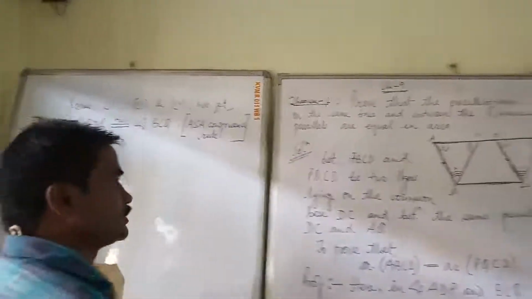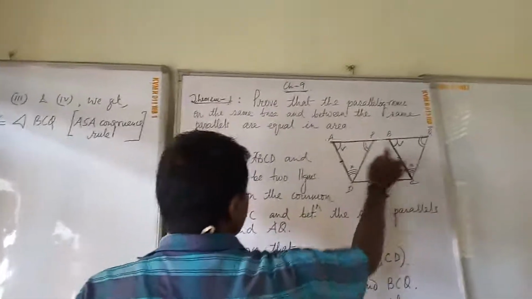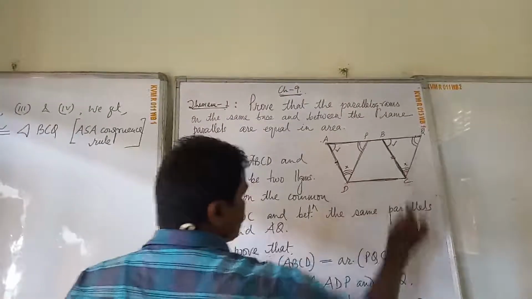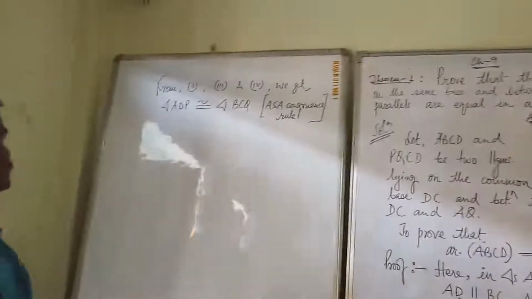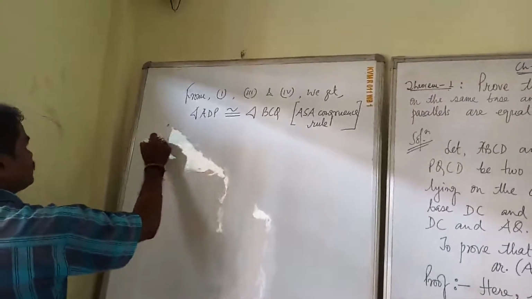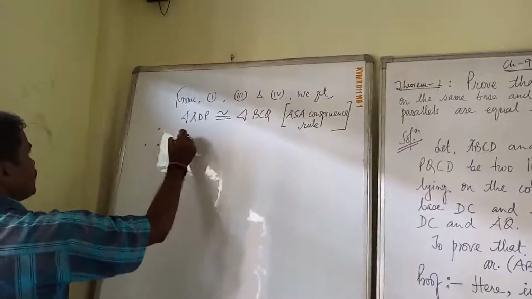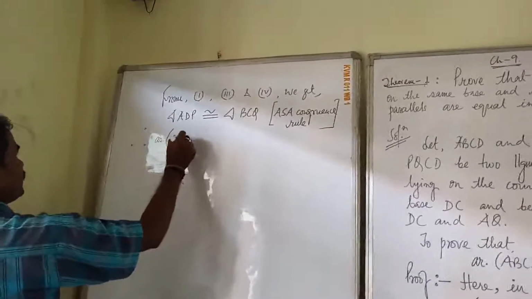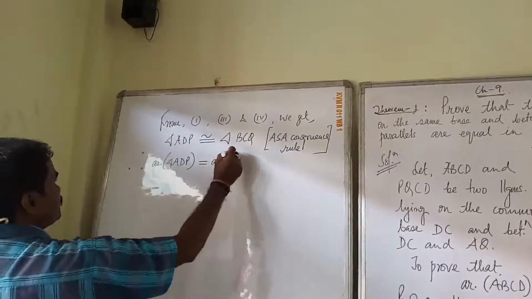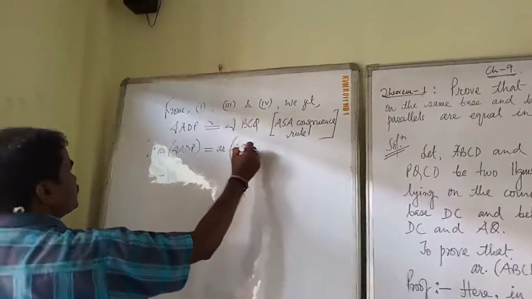These two triangles we are getting congruent to each other by the angle-side-angle congruence rule. So if triangles are congruent, then you can say therefore area of triangle ADP equal to area of triangle BCQ.